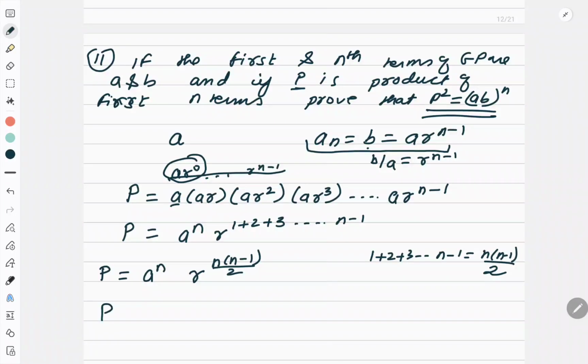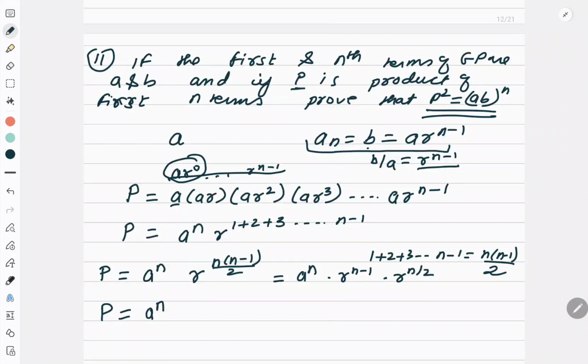So let me substitute. P is equal to, let me put the value. A to the power n I am not touching. If I break it like this, A to the power n, r to the power n minus 1, the direct value I have, into r to the power n by 2.